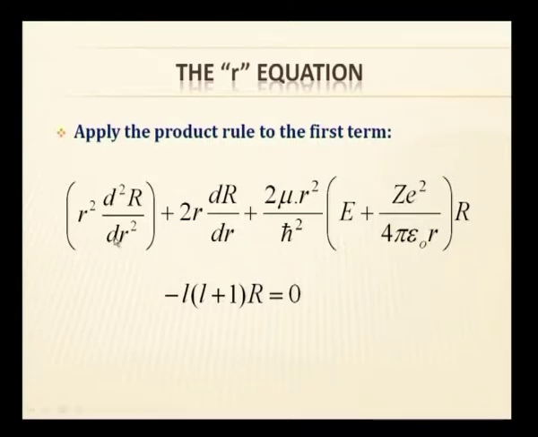By this, what you get now is r square into d square R by dr square plus 2 r by dR by dr plus 2 mu r square by h bar square multiplied by E plus z e square by 4 pi epsilon naught into r minus L into L plus 1 into R will be equal to 0. That is what you finally arrive at for the r equation.